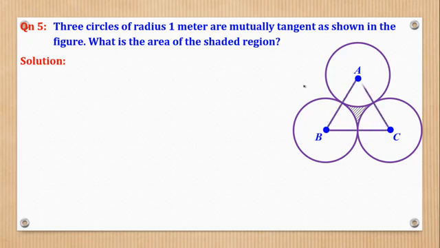When you join, you realize that the line joining the centers passes through the point at which the circles touch each other. But all have a radius of 1, meaning that here this will be 1, 1, 1, like that. Then this is an equilateral triangle, that's why there is 60, 60, 60.